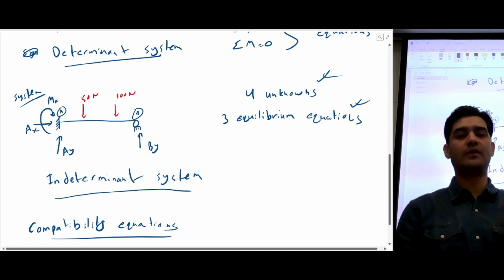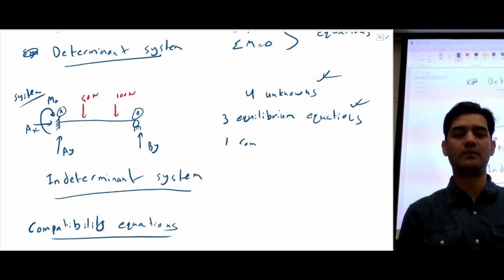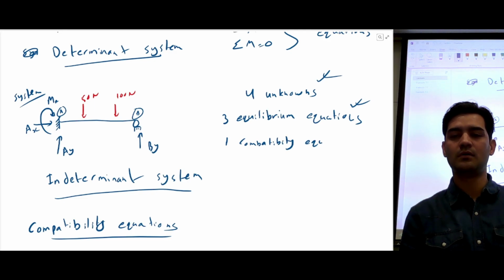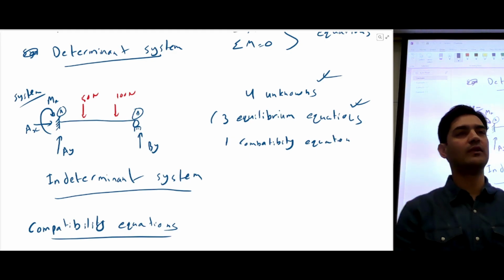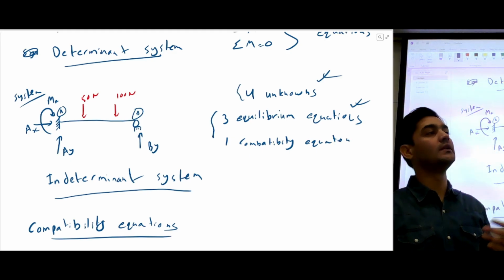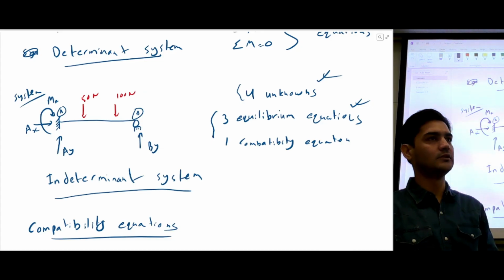You just need one compatibility equation in this case. In this way, you will have four equations and four unknowns, and then you would be able to solve this indeterminate system.